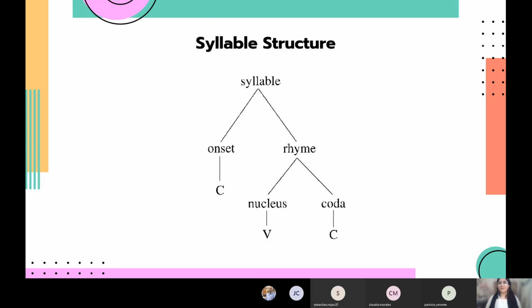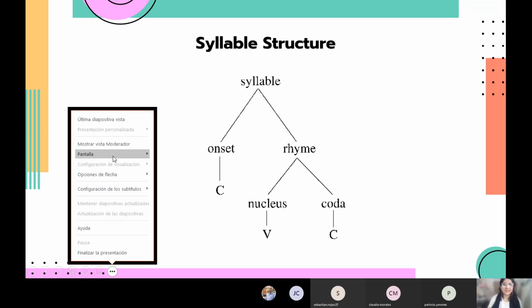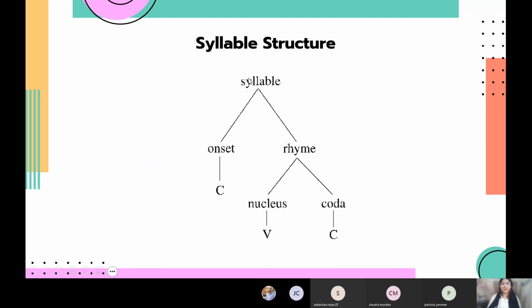So just for you to remember, it's the same diagram we have been seeing all along. At the top, we have the syllable, which can be represented by the Greek letter sigma, which looks like this.